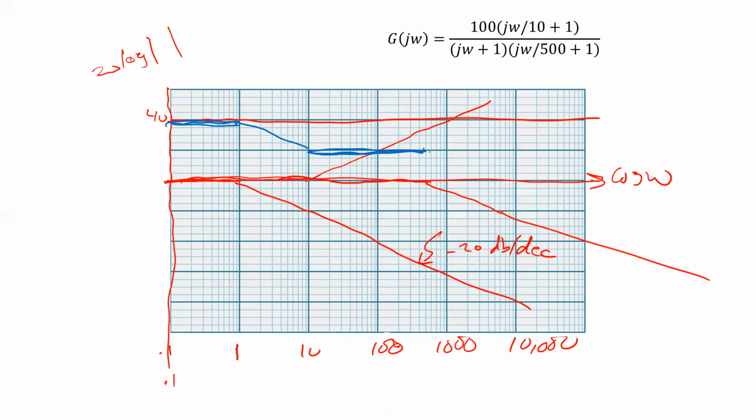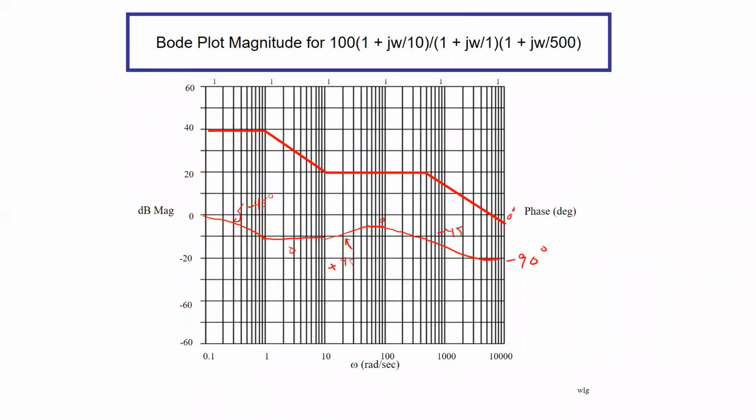Now I have minus 20 from here and on, and it will continue this way. So this is basically what I'm saying. Constant, then until 10 it is going to be negative, then it will be constant again until 500, and it will be negative. Is this clear? So I'm just adding the terms.